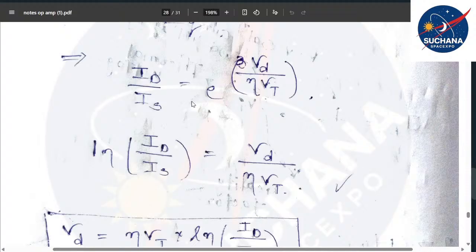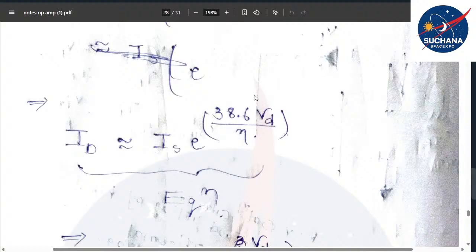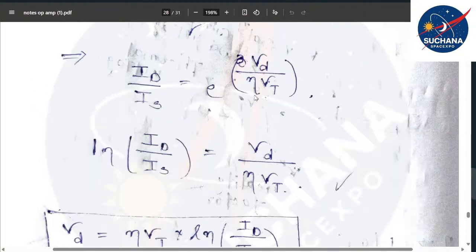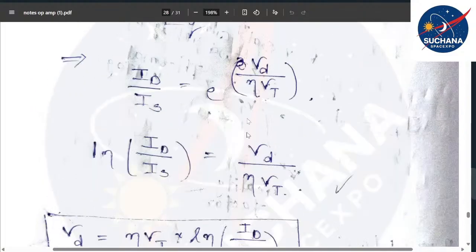So that's why log base a of a to the power of m is equal to m. This is one of the fundamental equations in logarithmic operations. So from that you will get the natural logarithm of ID by Is is equal to Vd by neta into Vt.